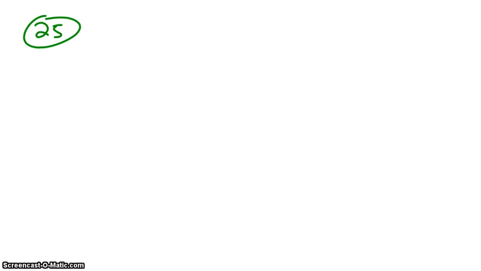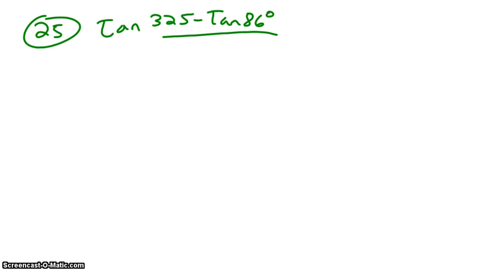Problem 25, I know I said I wasn't going to talk about this one, but I want to get you started. You will see this as a tangent of 325 minus a tangent of 86 degrees, and that is all over 1 minus tangent of 325 times our tangent of 86. I'll make sure I put my degree notes on there.